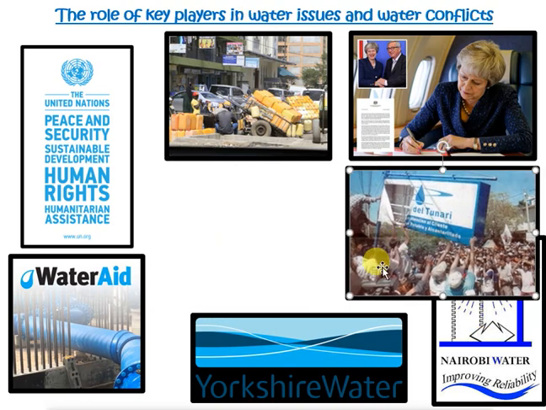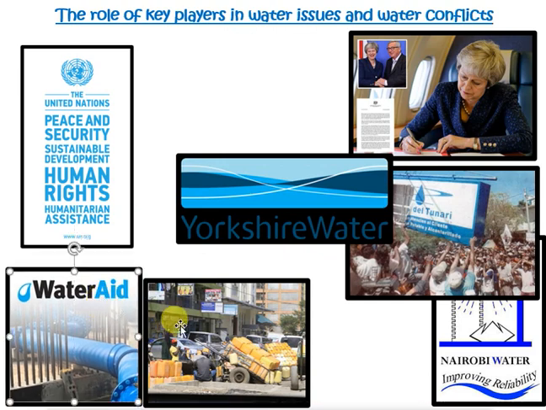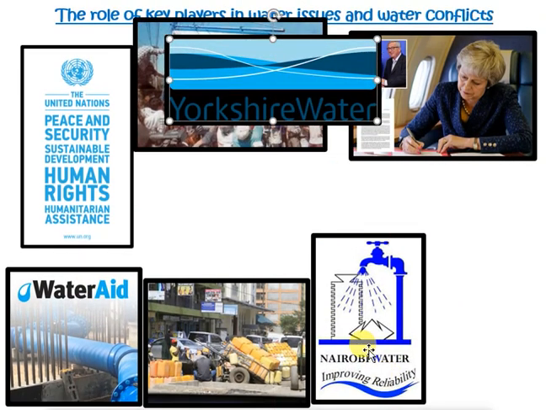I'll put these three together actually, it makes sense, because we've looked at Nairobi and Kenya as a little case study, haven't we? Nairobi Water, that's their logo, improving reliability, obviously funded by the World Bank, and they've tried to solve the water supply problems by providing people in the slums with a supply.